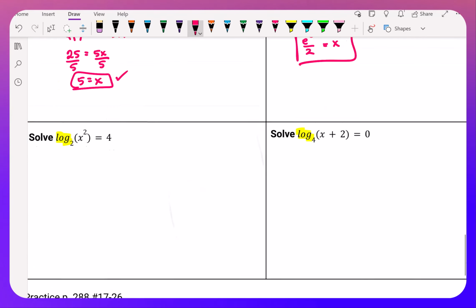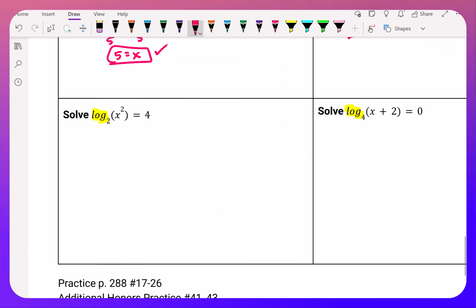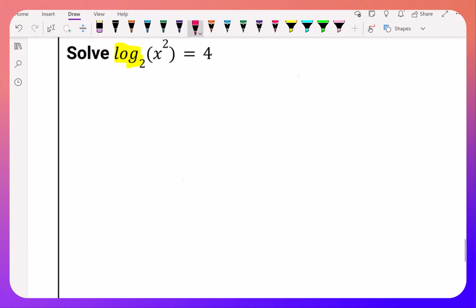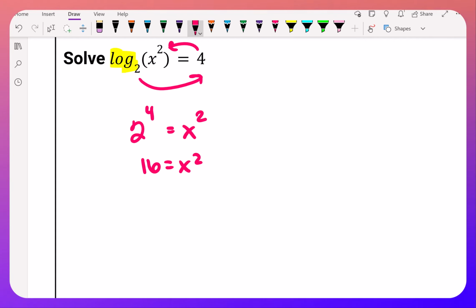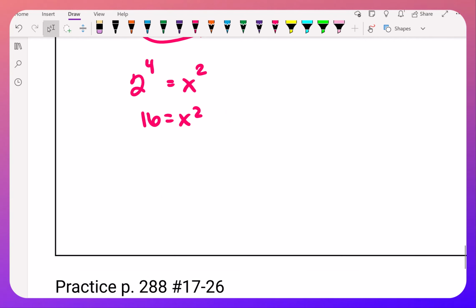Okay, I've done a couple of examples here. I'm going to let you do the last one on your own, but let's do this one just in case. So I have base 2. So I'm going to do 2 to the power of 4. That's going to be equal to x squared. So this is a quadratic function. You don't have to factor this one because you don't have a linear term. So you can go ahead and just take the square root of both sides.